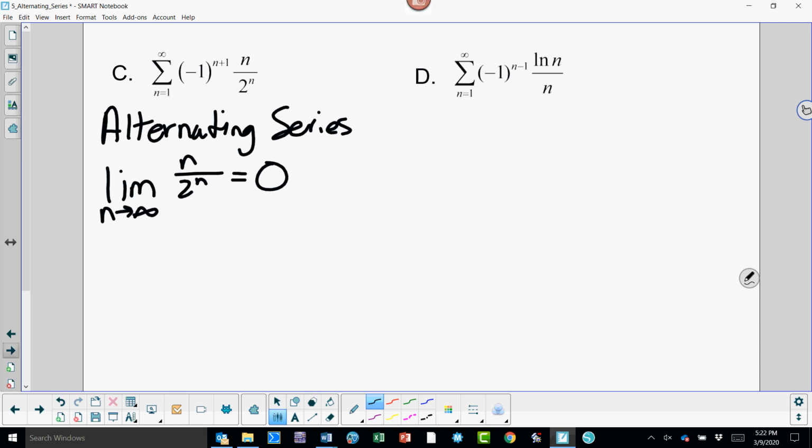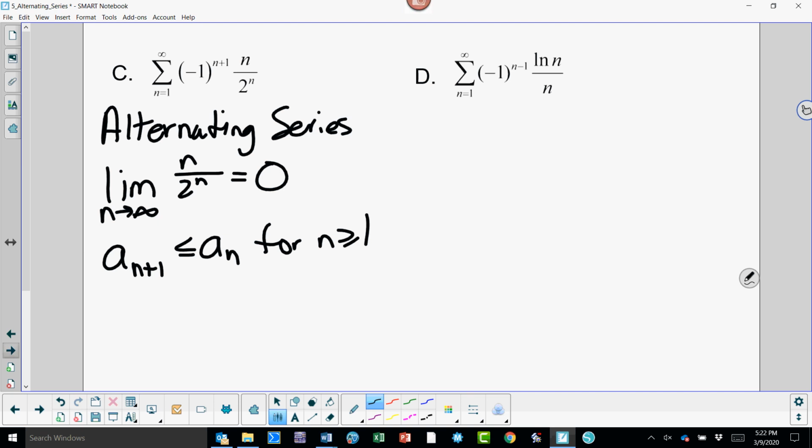The bottom is fast growing, the top very slow relative to that, so this limit is definitely 0. And then we need to say that the a_(n+1) is less than or equal to the a_n term for n greater than or equal to 1.